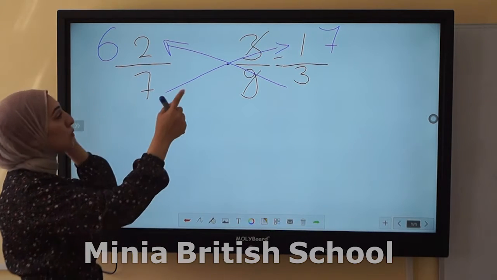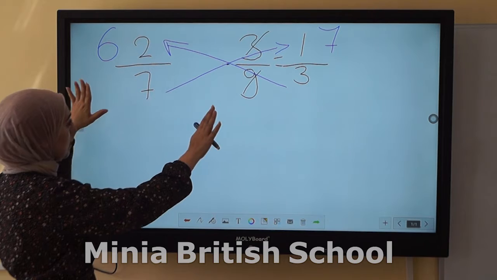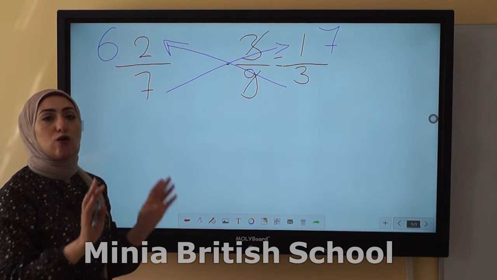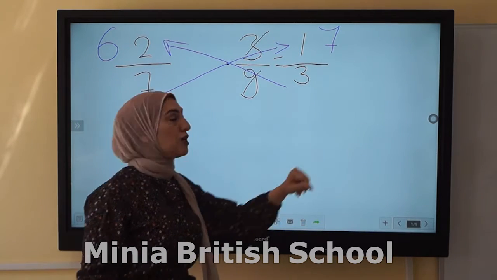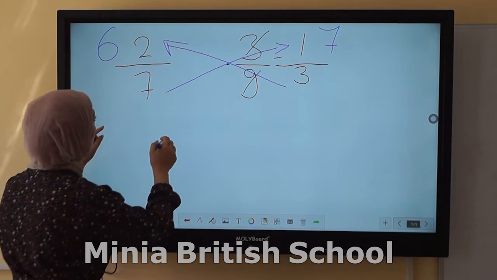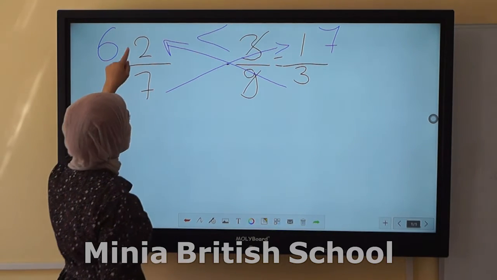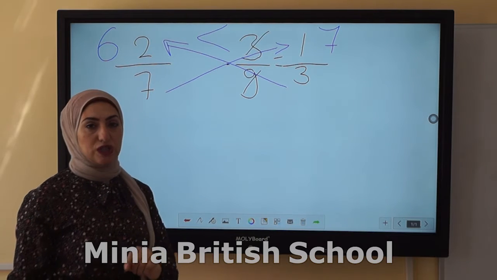So which one is the greatest? Here I convert them to whole numbers. This is 6 and this is 7. So, 6 is smaller than 7, so this fraction will be smaller than this one. 2 over 7 is smaller than 1 over 3.